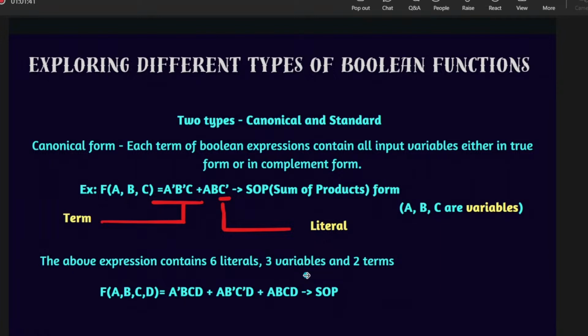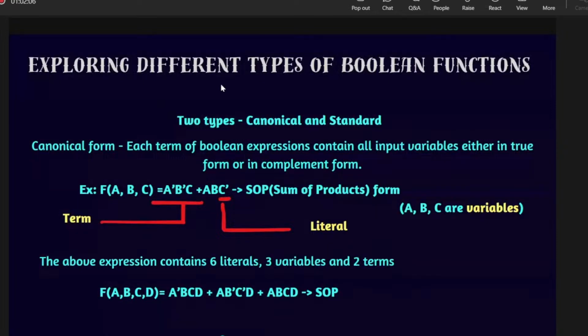Can you text me in the Q&A section? Four variables, 12 literals, and three terms. Very good.